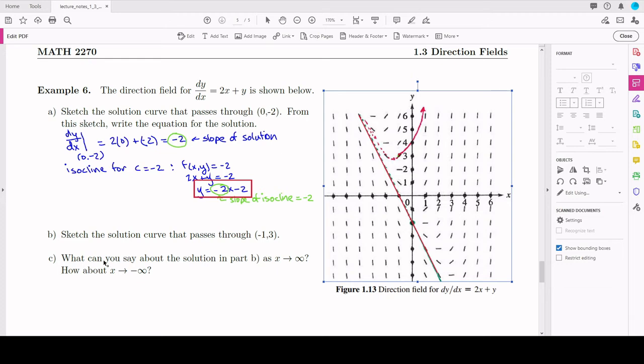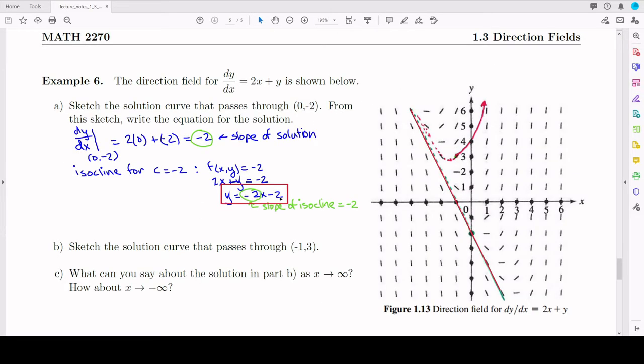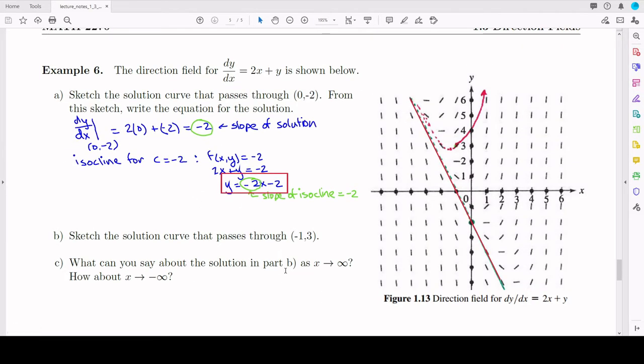So then part C asks, what can you say about the solution in part B as x goes to infinity? So when x goes to infinity to the right, our y goes off to infinity as well. So let's put that in here.